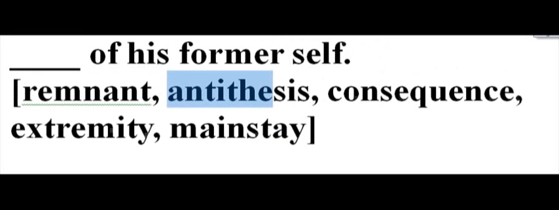Now, antithesis, simply by judging with the prefix, indicates an opposite relationship. Remnant indicates what's left over. Consequence doesn't make any sense here at all. Extremity also doesn't make any sense. And mainstay doesn't make any sense either. Therefore, antithesis is the only thing that fits here. So we go back and we plug it in and we read it with the blank now filled.